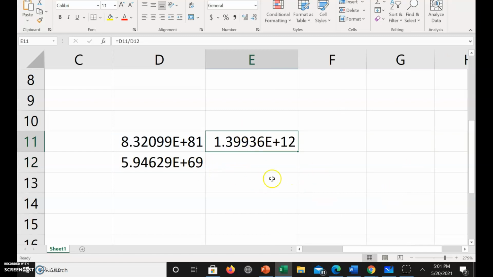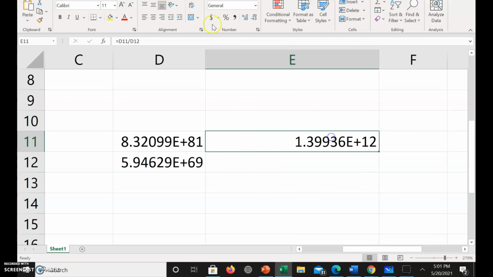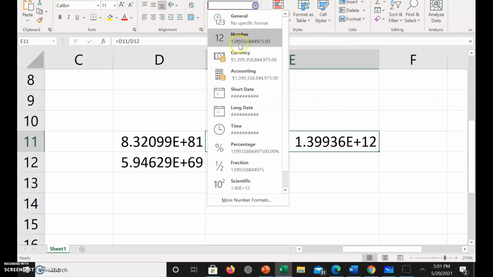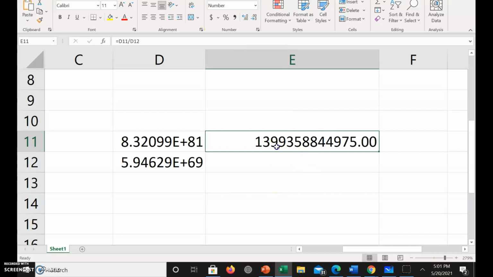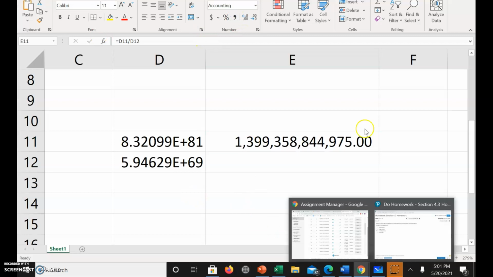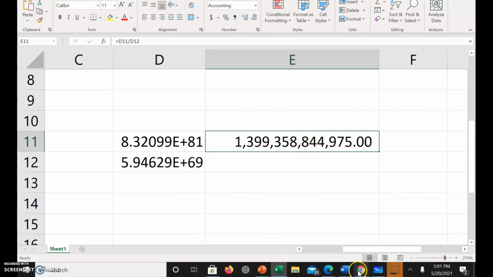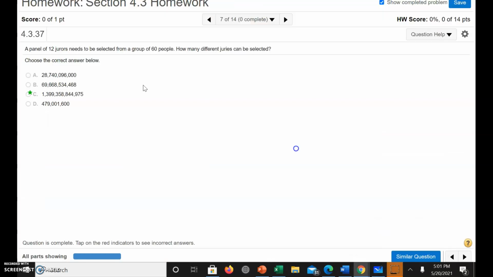And you're going to get a, let me expand this. Okay, there's your number. And I almost thought that that was wrong, but that's actually how large the number is. That's how many different juries we could have.